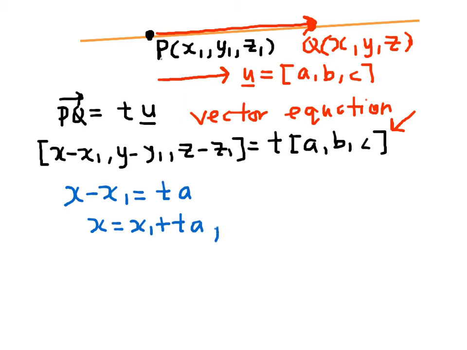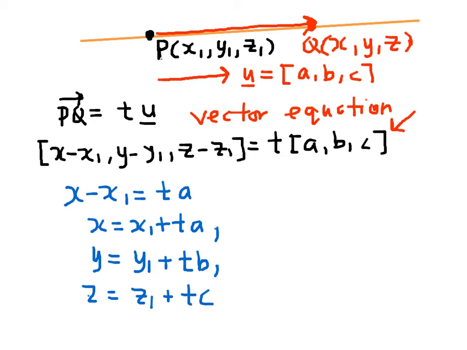And also, if you equate y minus y1 with t times b, you would get y equals y1 plus tb. And finally, if you equate z minus z1 with t times c, that will be z equals z1 plus tc.